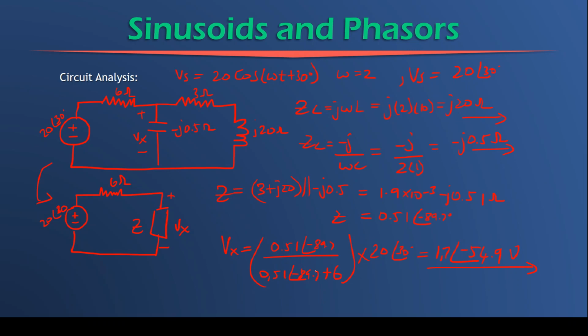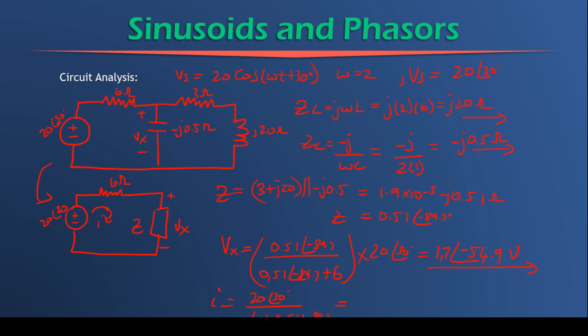If they had asked for us to determine the current, let's say they wanted the current I, we would have said the current I is given by 20 angle 30 divided by 6 plus 0.51 angle negative 89.7.